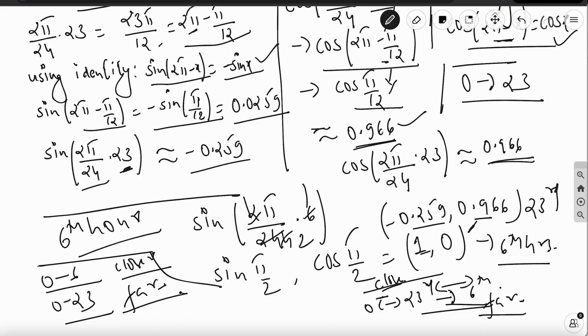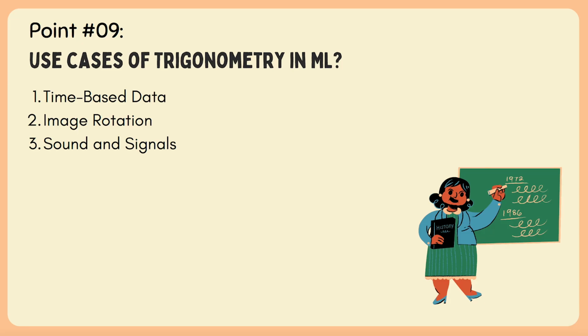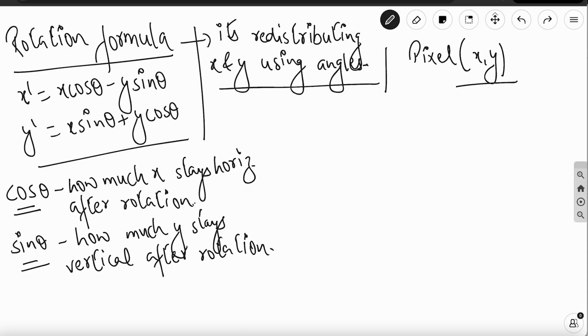Now let's take another use case. Another application of trigonometry in ML is image rotation. An image is a collection of millions of pixels represented using x, y coordinates.